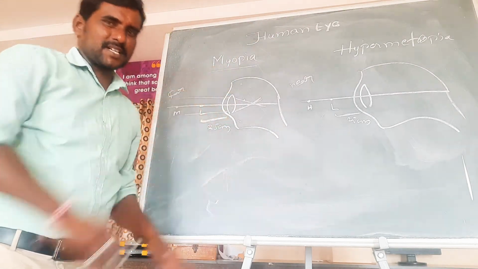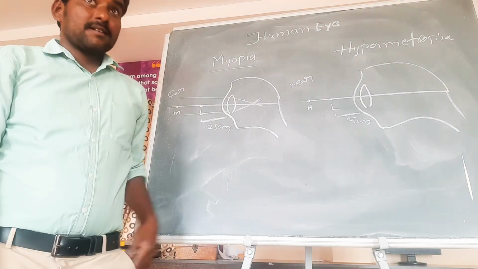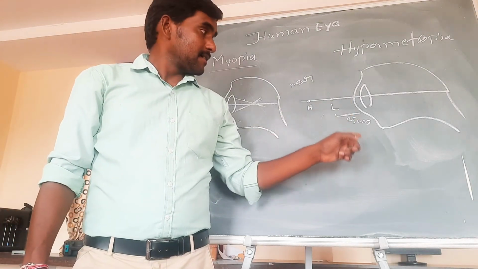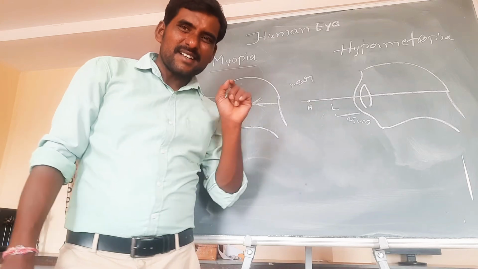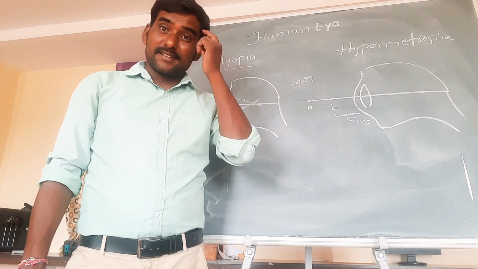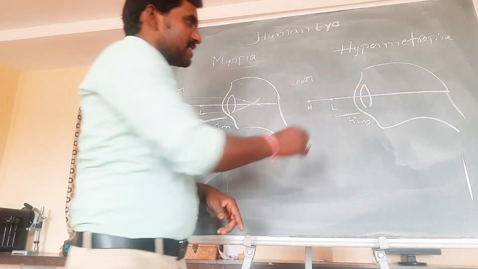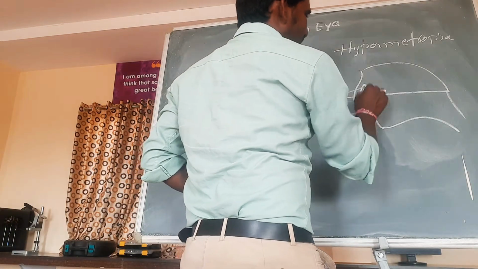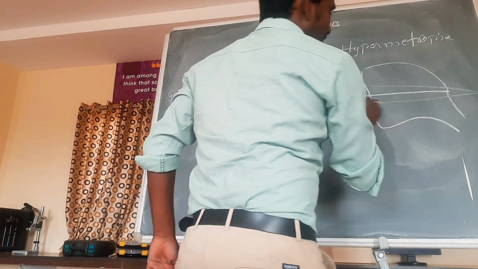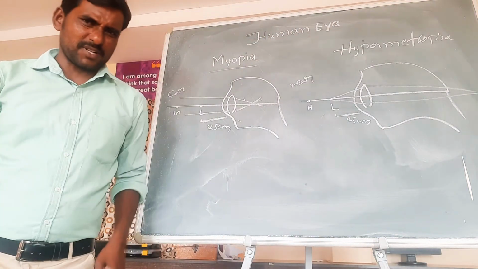So the image forms in front of the retina. When the person sees near objects, the image forms beyond the retina. When seeing near objects, beyond the retina. Very, very important.